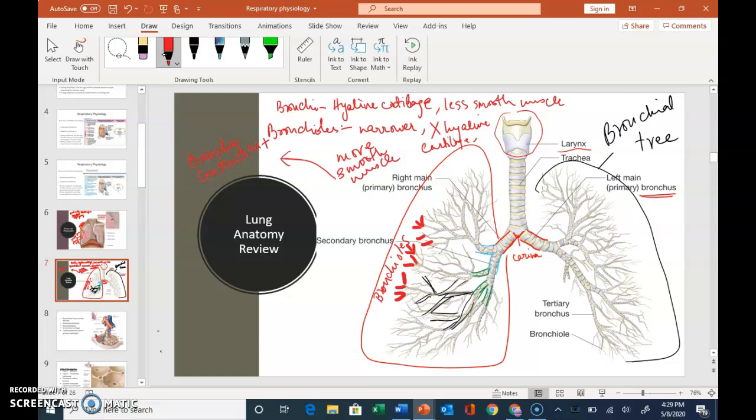I don't have space, so I'm writing here: bronchodilation. Meaning constriction and dilation of the bronchioles is facilitated by the smooth muscles.